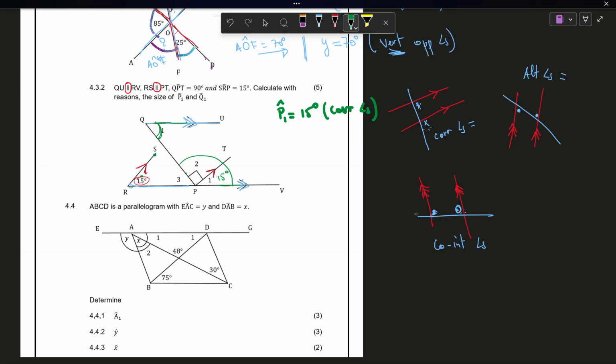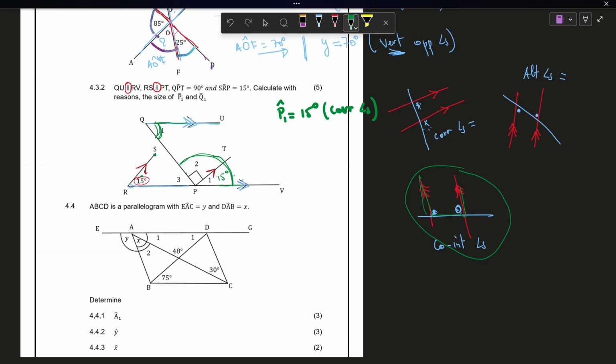The relationship between those two is the same case here. They are co-interior angles, because it makes a U. Can we all see that there's a U here? Remember, this makes like a U. And here we've got a U like this. So this angle here, Q1, and this one, P2 plus P1, are related because they are co-interior angles.